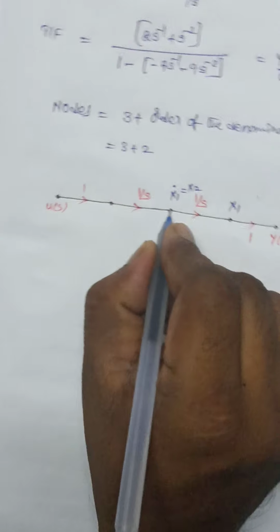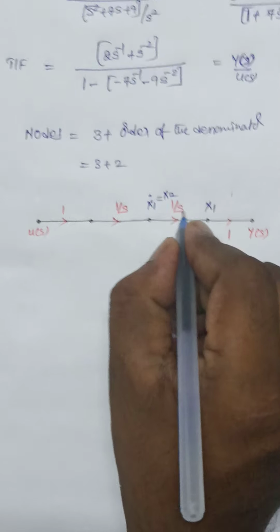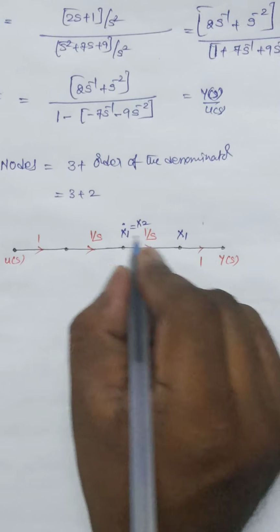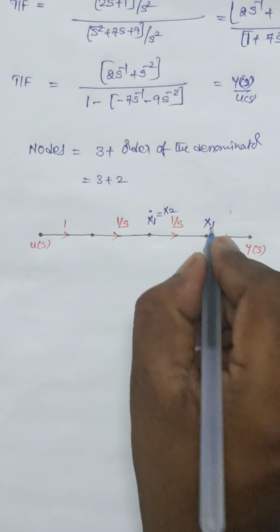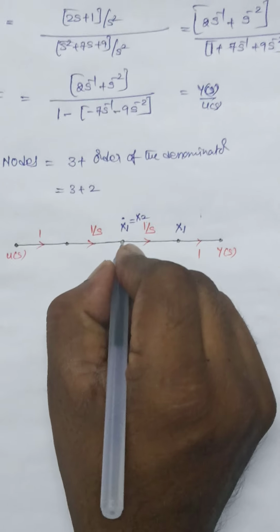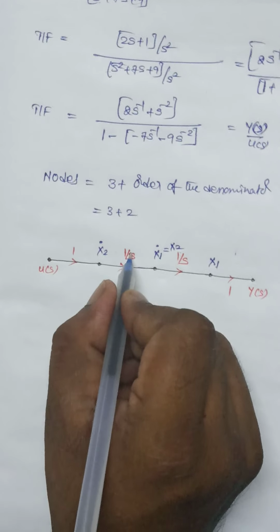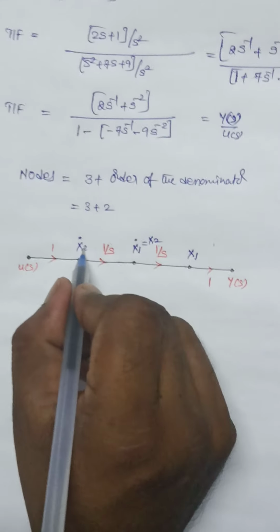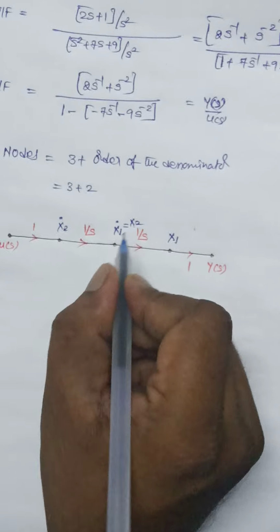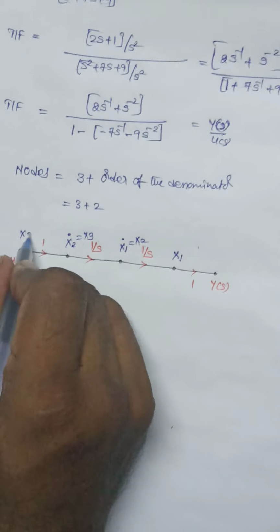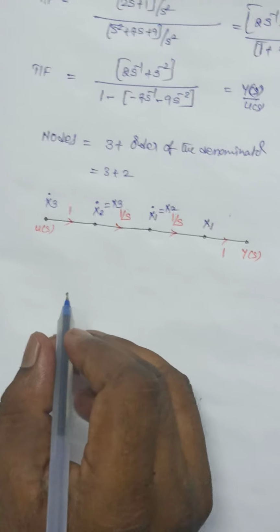The output coming from this is x1 dot. The 1 by s is nothing but integration. If I do the integration for this differentiation, I will get x1 here. Similarly here, it should be x2 dot; if I integrate, since 1 by s means integration, I will get x2 here. So x2 dot is equal to x3. Now it is x3 dot. Okay.